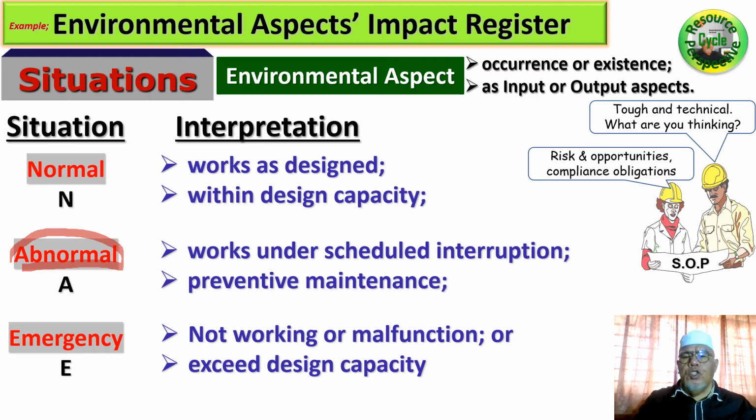Even an annual shutdown, if it is planned or scheduled. The environmental aspects occurring in that situation are considered environmental aspects in abnormal situation. I hope I got that clear.